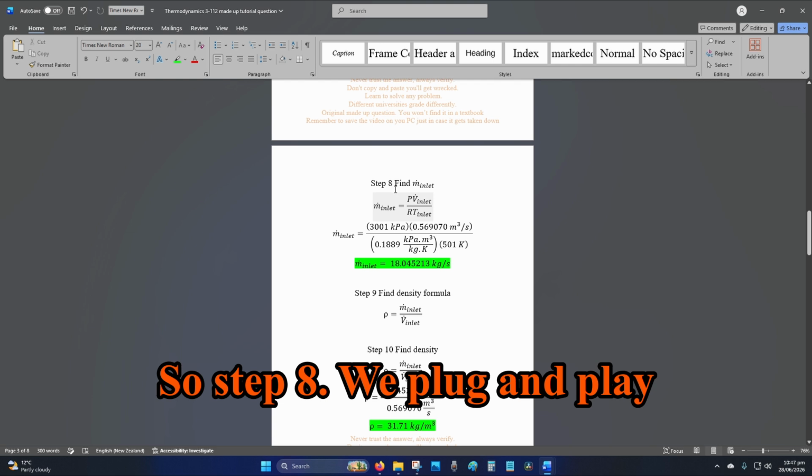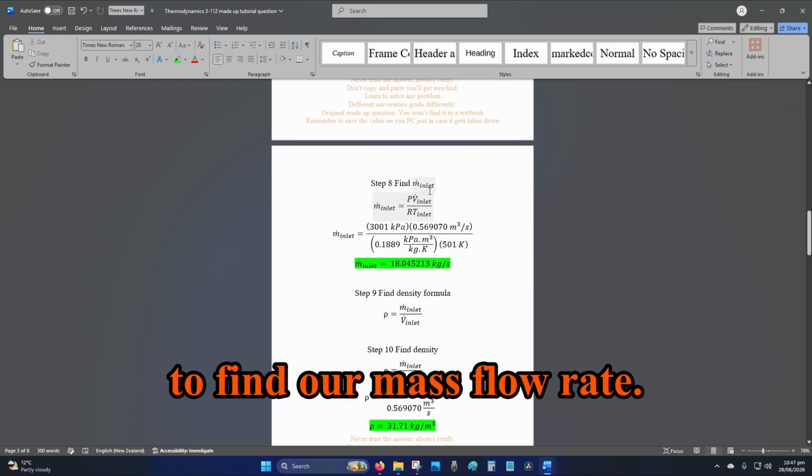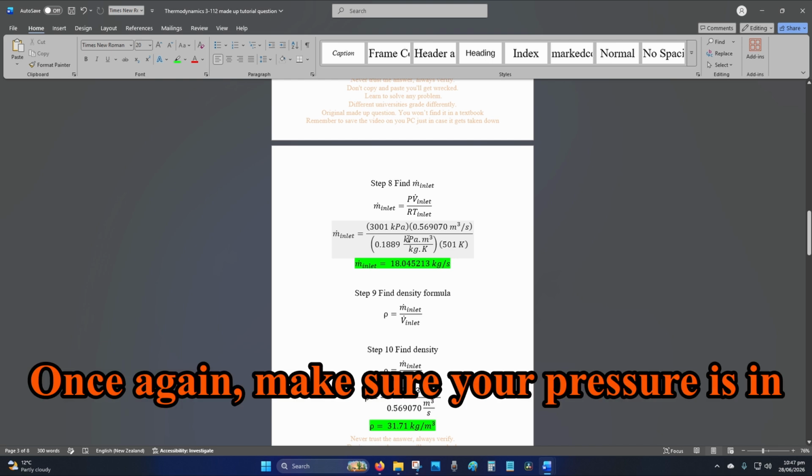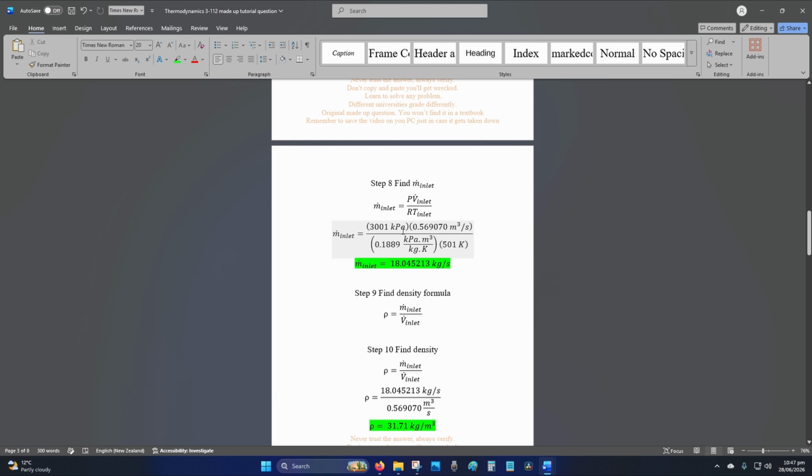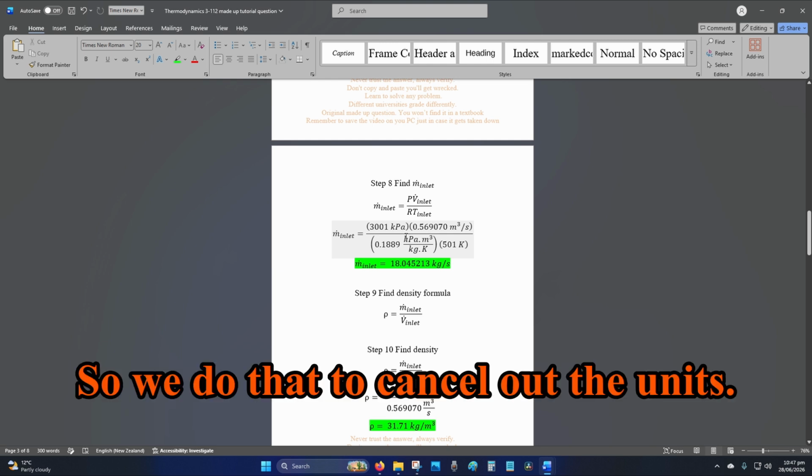So, step 8, we plug and play to find our mass flow rate. Once again, make sure your pressure is in kPa. Just switch it from MPa, so we do that to cancel out the units.